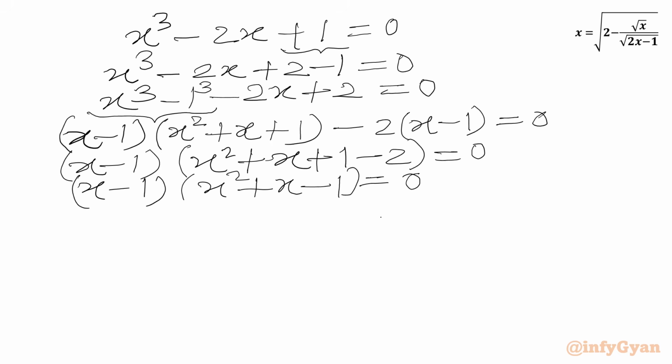Now we will use the product 0 rule. So either x minus 1 equal to 0 or x square plus x minus 1 equal to 0.